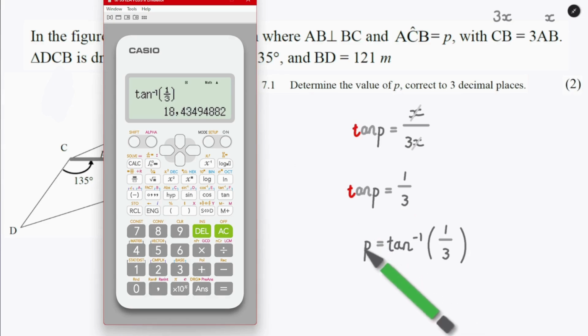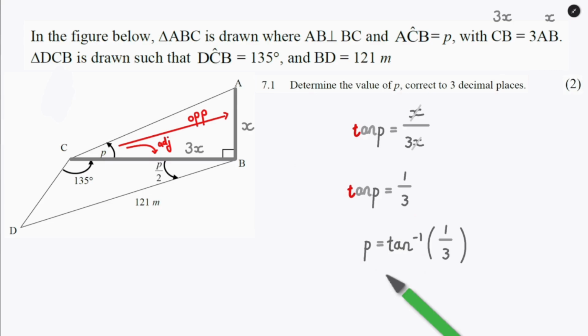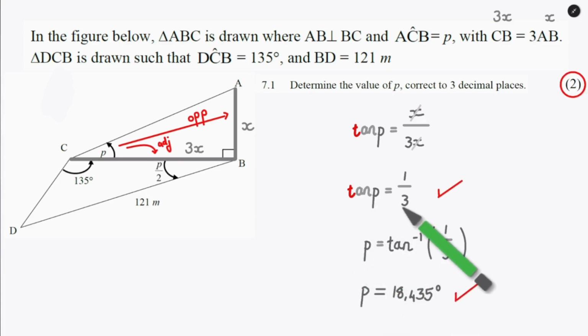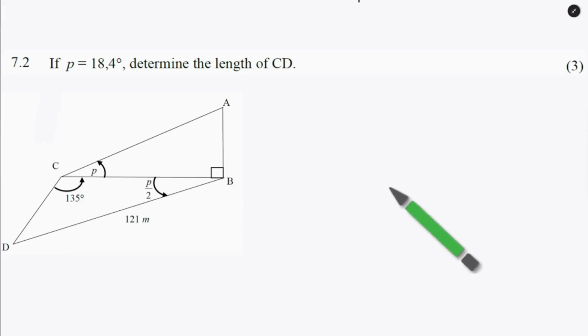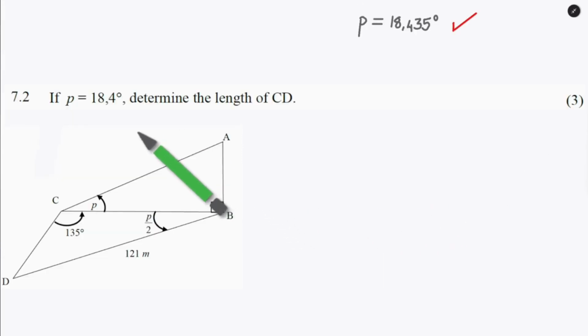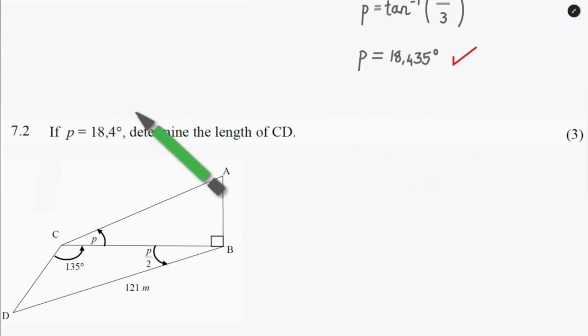So if we adhere to those instructions, we are going to get 18.435 degrees. And our 2 marks are awarded for this step over here, as well as our final answer. In 7.2, if P equals 18.4, that's telling me my answer's right.